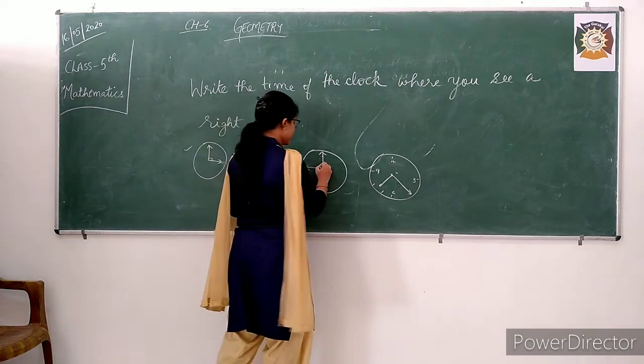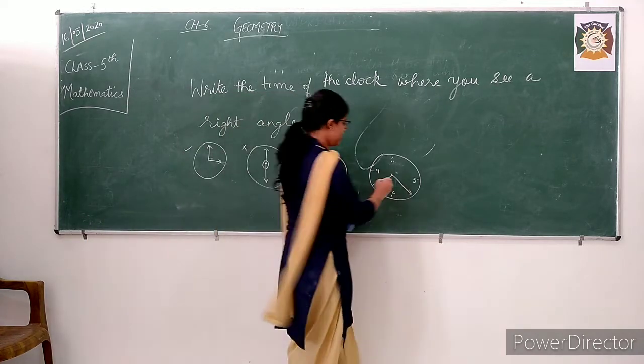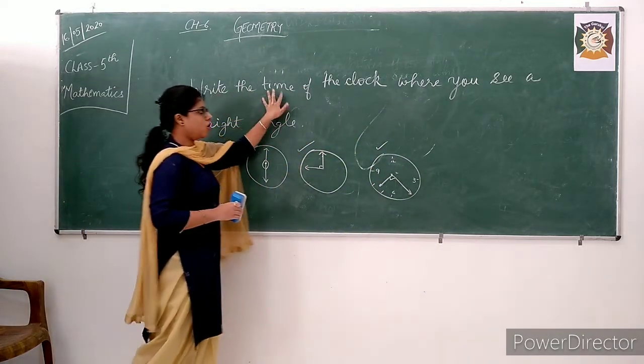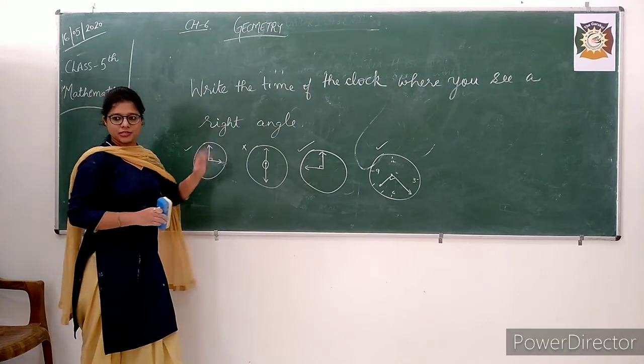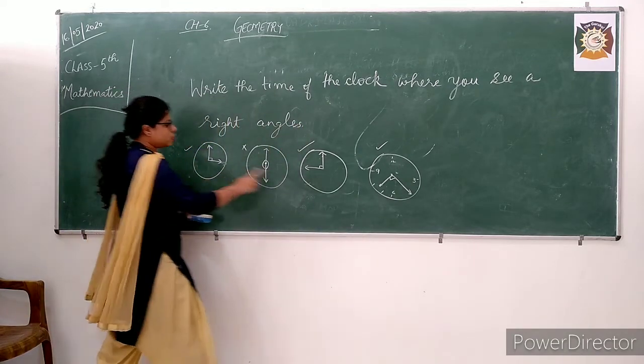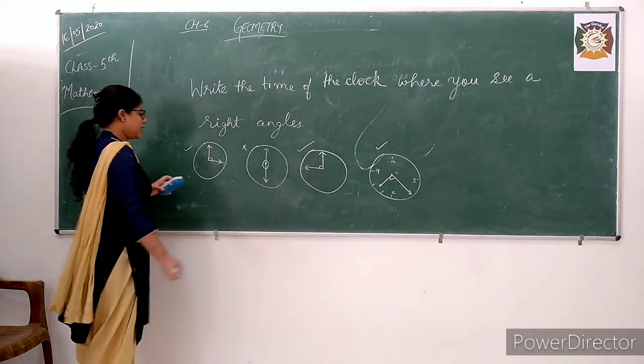In this, yes, we are getting a right angle. In this, again, we are getting a right angle. But the question says write the time of the clock where you see right angles. We are seeing right angles in these three diagrams, 1, 2 and 3, and we have to write the time.